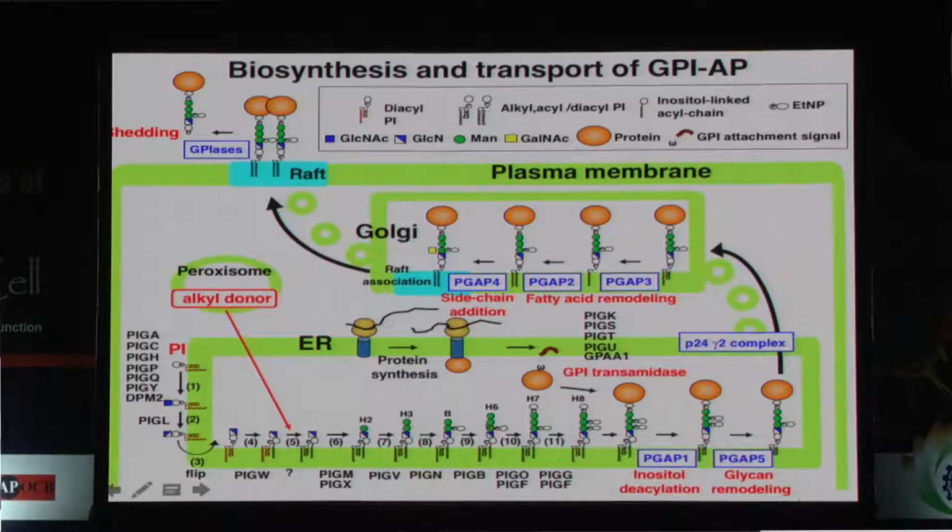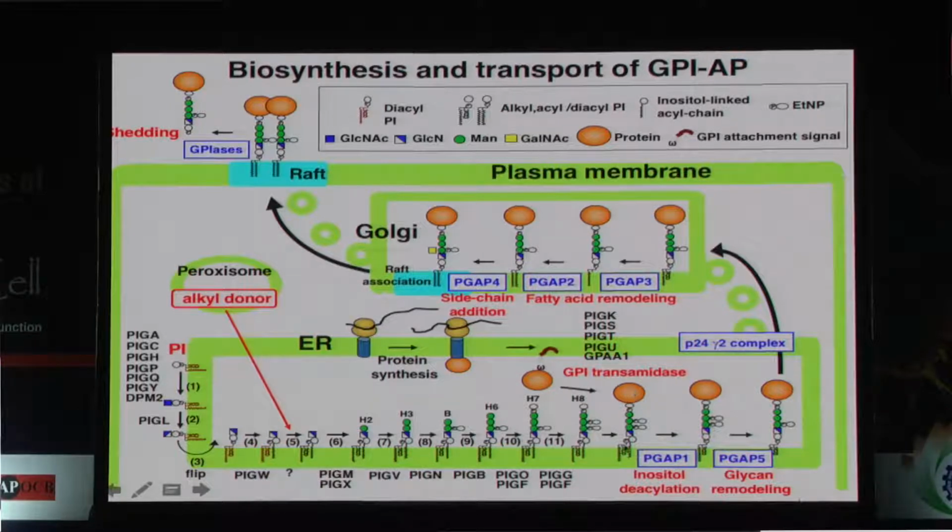And the GPI glycolipid is synthesized from phosphatidylinositol by the stepwise addition of monosaccharides and other components. And this pathway includes 11 biochemical reaction steps. And the pre-assembled GPI is attached to the carboxy terminus of the precursor protein.